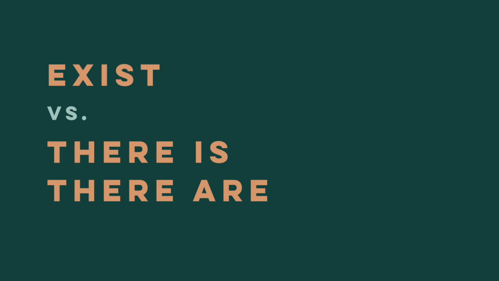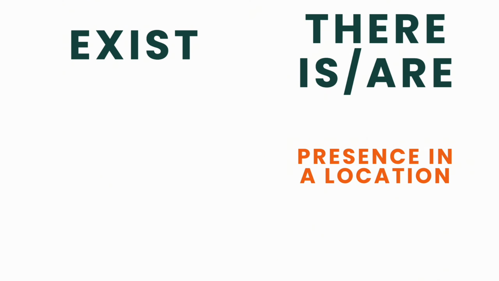Now, the next typical mistake that people make when they try to talk about existence of things is they use the word exist. But unfortunately, exist does not work in all the situations, and we are going to learn when it works and when it doesn't. As we just learned, when we want to talk about the presence of things in a specific location, we use there is or there are.